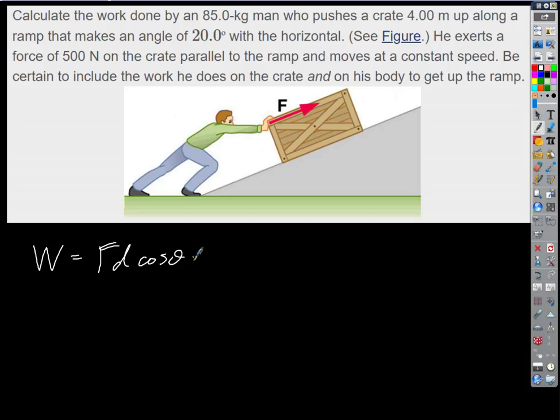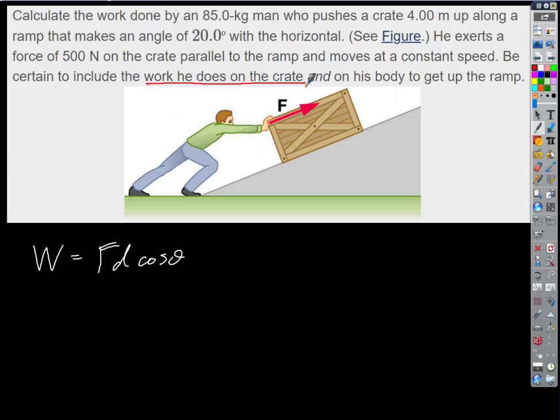So if we're calculating the work he does on the crate, what force would we necessarily need to be talking about? 500 newtons. Yeah, and how do we describe that? That's the force that the man exerts on the crate parallel to the ramp.